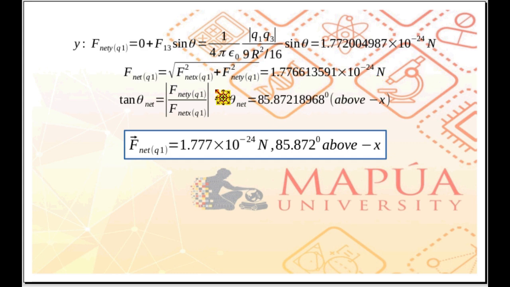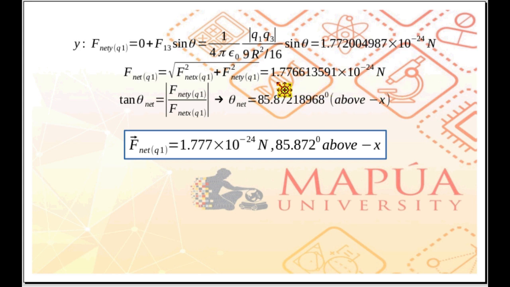Knowing the x component and the y component, we are able to determine the magnitude of F net. F net magnitude is equal to square root of F net x squared plus F net y squared, which will give us 1.776613591 times 10 to the negative 24 newtons.